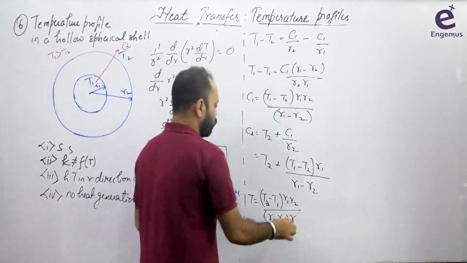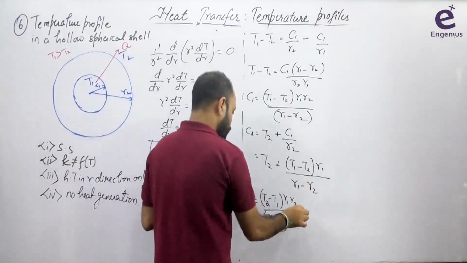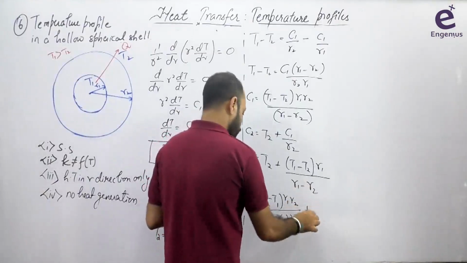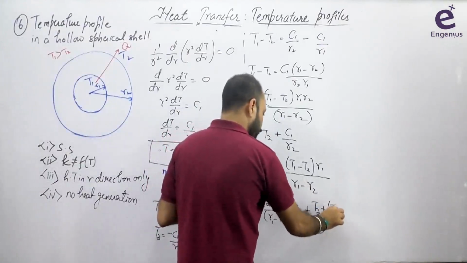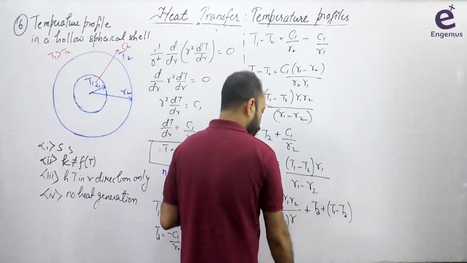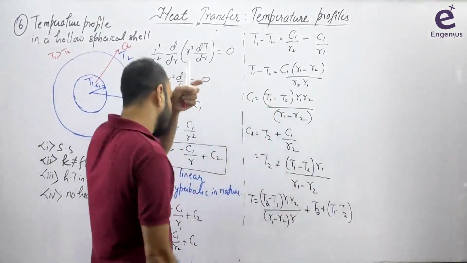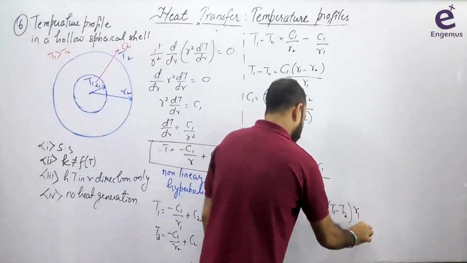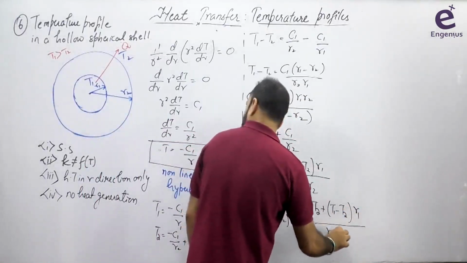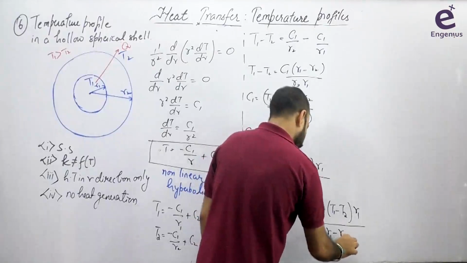Okay. Plus C2. And what is C2? C2 is this: T2 plus (T1 minus T2) into R1 by (R1 minus R2). Correct?